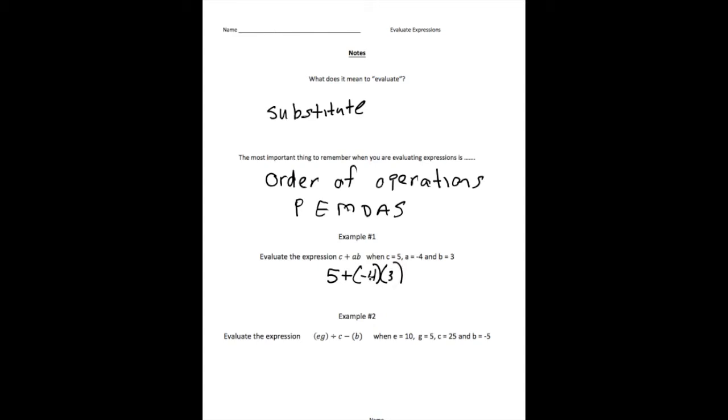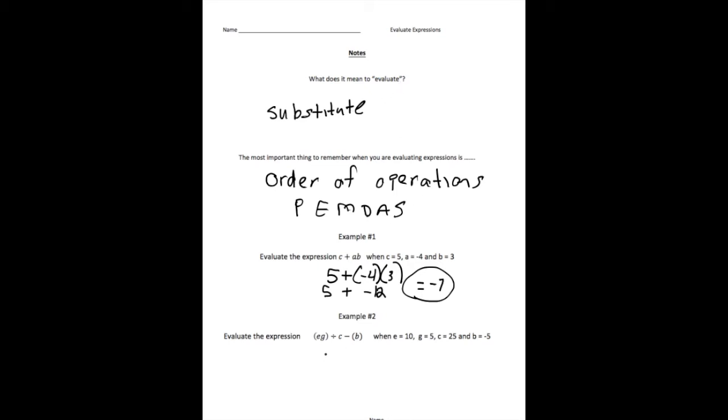According to order of operations, we multiply before we add. So -4 times 3 is -12, plus 5. And -12 plus 5 is going to be -7. And there it is. Remember, anytime you see the word evaluate, it really means substitute.